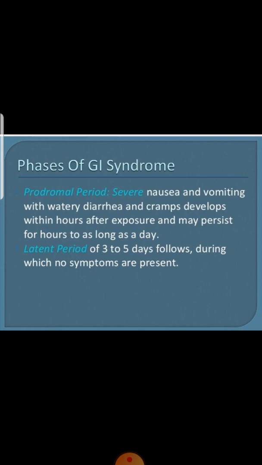The prodromal symptoms would be vomiting and diarrhea that will occur within hours of exposure, and they can persist for hours to as long as a day. And the latent period would be 3 to 5 days, during which there will be no symptoms present.